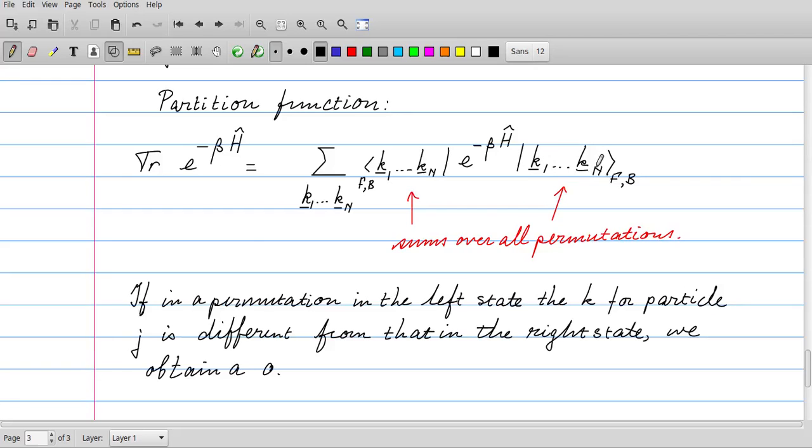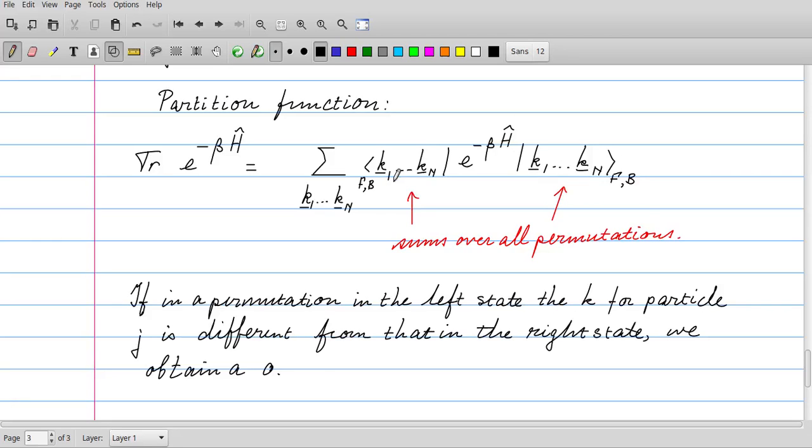But because the operator here is diagonal in the basis of the k's, we can conclude that in a permutation, if the k for particle j on the left were different from that in the right state, we obtain a 0. And the reason is that if we take the inner product between states with different k vectors, that would give a 0, because the states are mutually orthogonal.